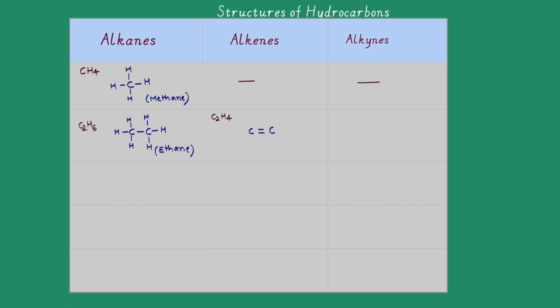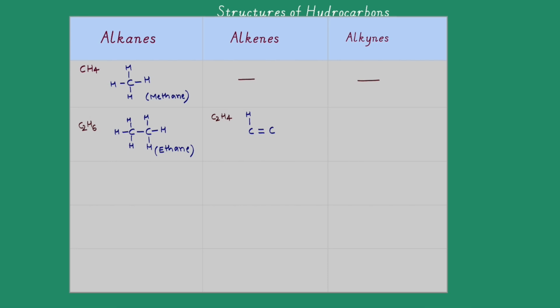Already 2 bonds are over, 2 more bonds should be there, so two bonds between carbon and two hydrogens. Similarly, on the second carbon also two hydrogens. Now you can observe that both carbons have four covalent bonds around them. This is the structure of ethene.